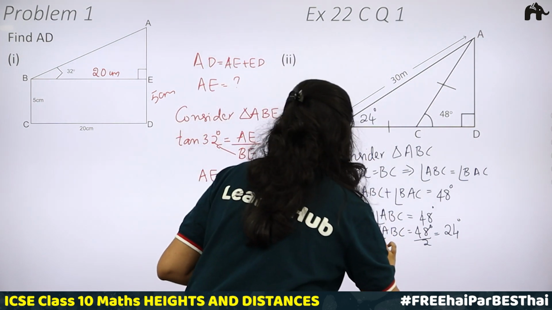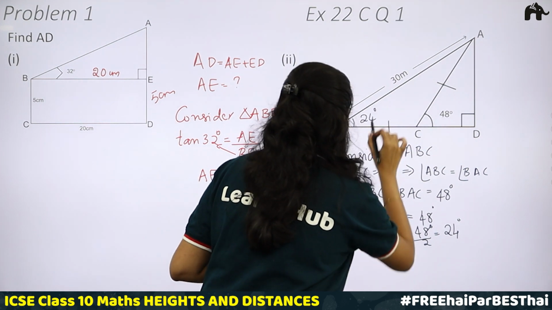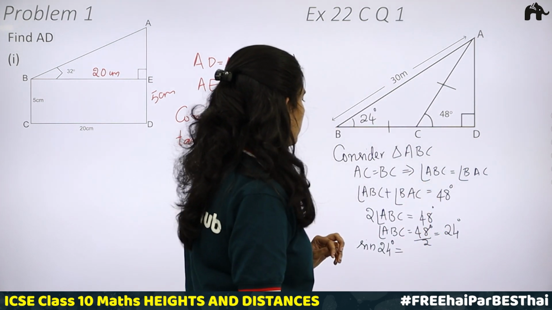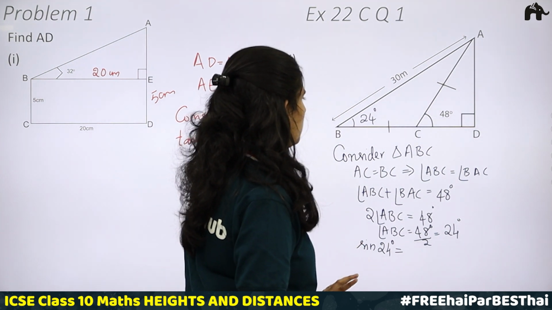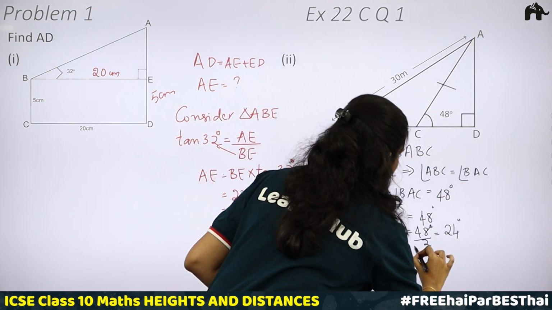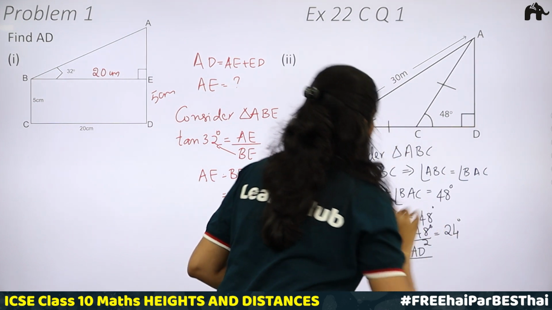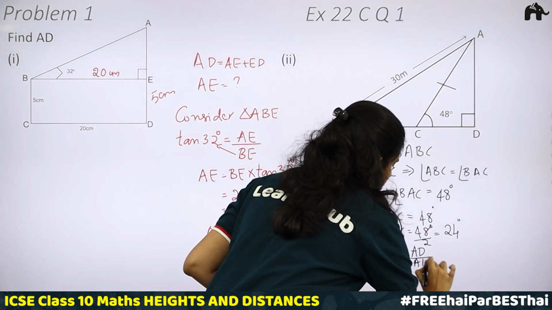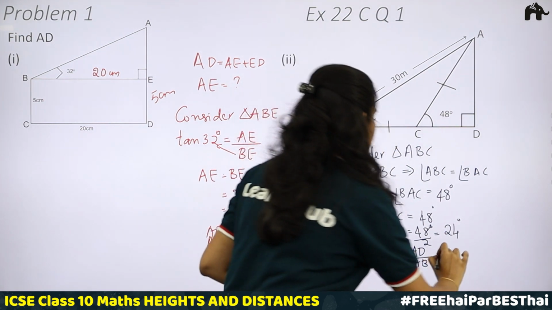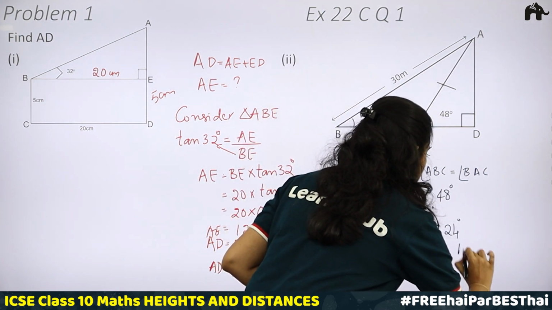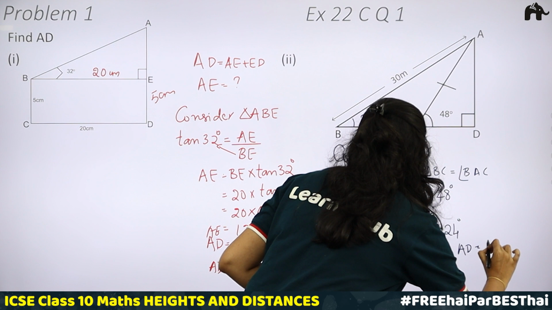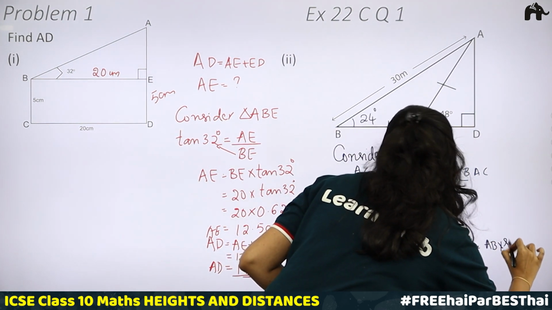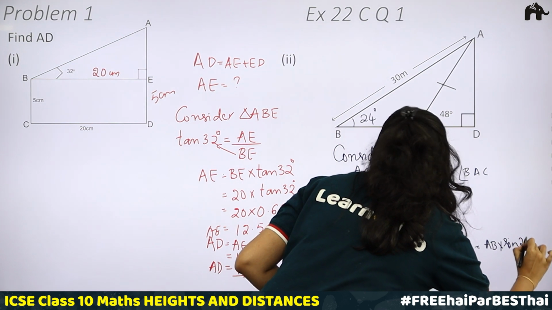Sine 24 degree will be equal to opposite side AD divided by hypotenuse AB. We need to find AD, therefore AD will be equal to AB into sine 24 degree.